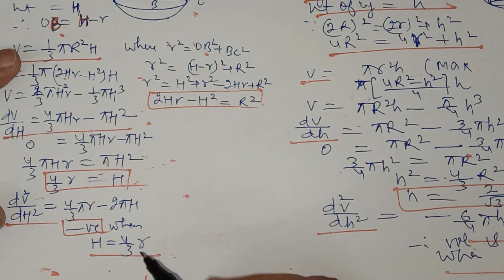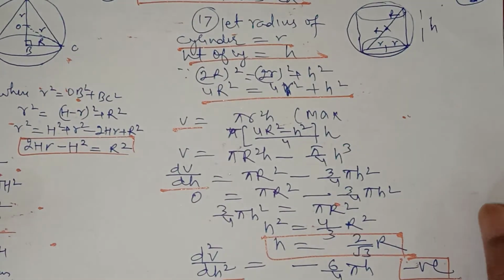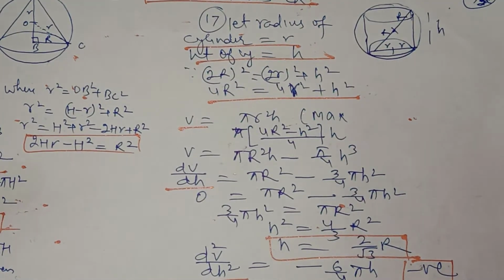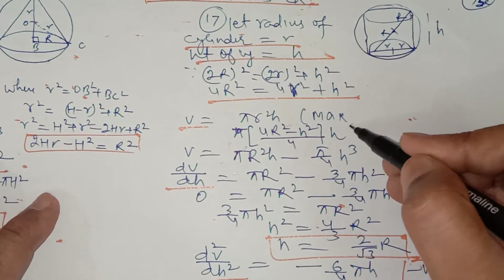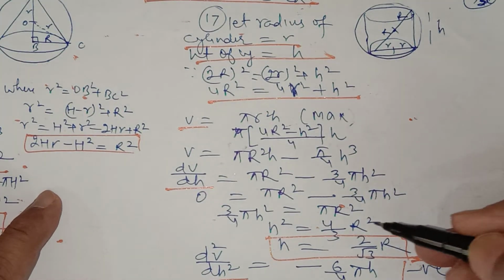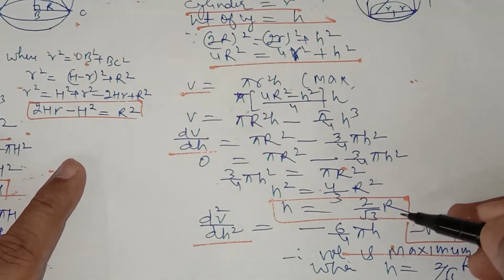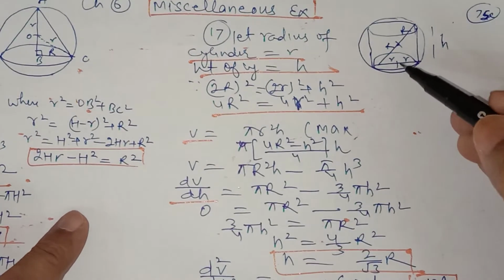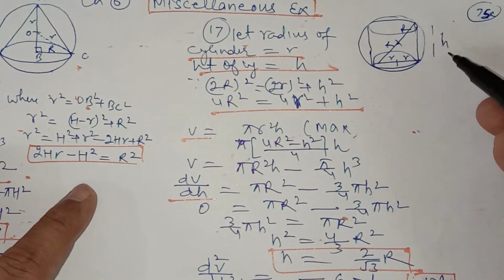Now in question number 17, a cylinder is inscribed in a sphere of radius capital R, and you have to show that its volume is maximum when the height of this cylinder is 2 upon root 3 the radius of the sphere. So let the radius of the cylinder be small r and the height of the cylinder be h.